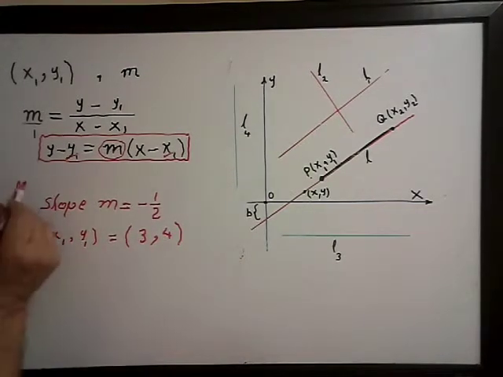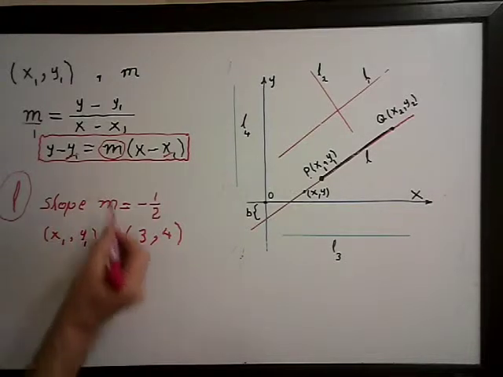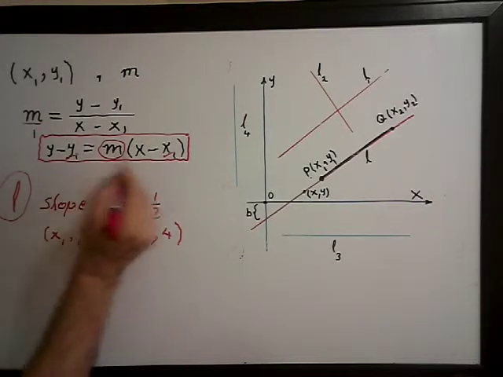So the equation for line L, we got the slope and we got a point. So just substitute in this equation here.